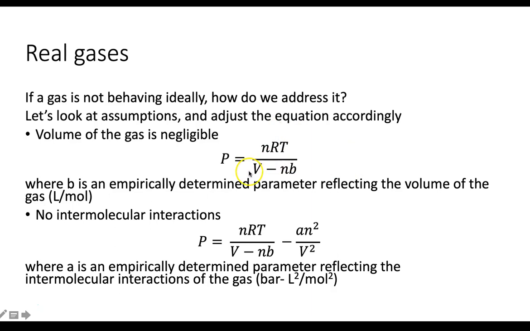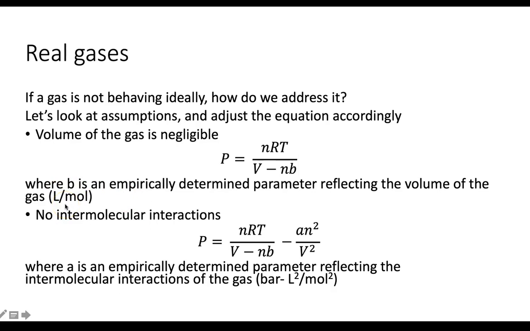And so we can represent that by subtracting the amount of the gas times some kind of empirically determined parameter reflecting that volume of the gas. So there's our B parameter. So we would correct that.